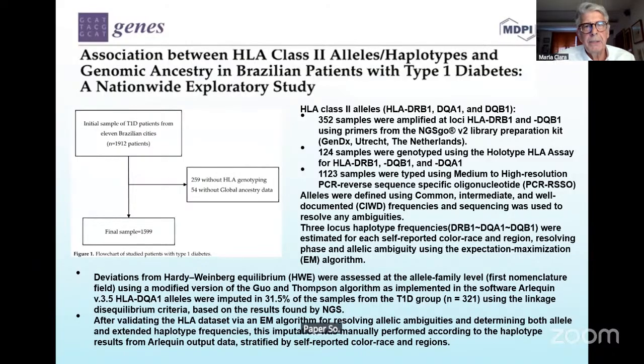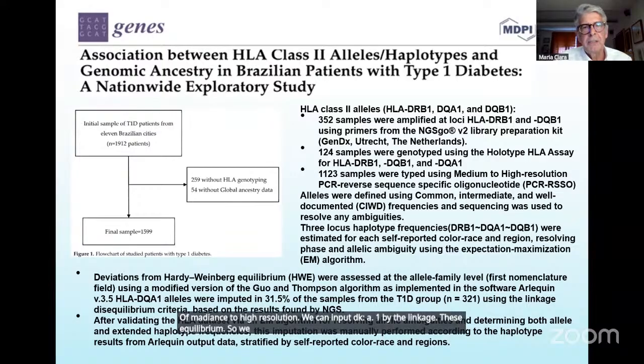So we had the chance to have more people typed for HLA. At the moment we have 1,600 patients typed with different methods, as Dr. Ennis demonstrated to us, all of medium to high resolution. We can impute DQA1 by linkage disequilibrium.